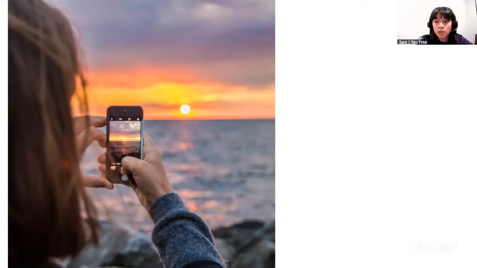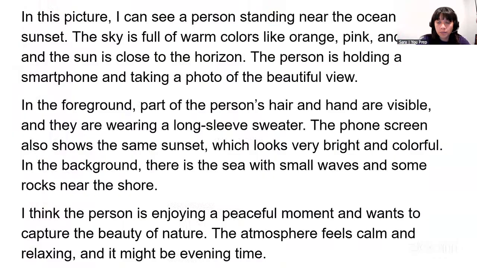This is a general description of what we're seeing, what you can come up with during the 20 seconds that you're going to be given. Don't forget, you are shown the picture, you have 20 seconds to look at it, and then you have 30 to 90 seconds to give your description orally. So this is the sample I have.